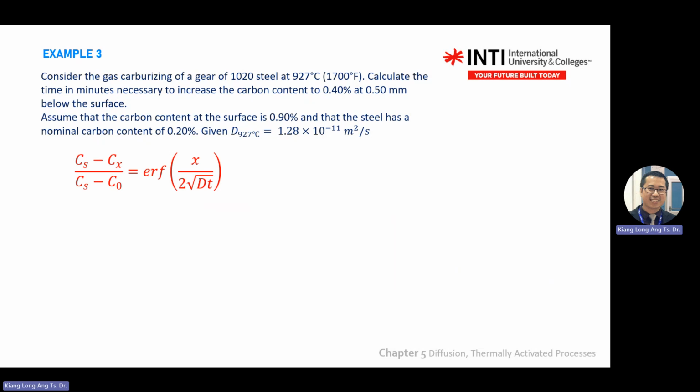He asks you to increase the carbon content to 0.4%. Here Cx is 0.4%, at a certain x, where x is 0.5 mm. Remember, this one is in mm, while your unit here is in meter square. Remember to use the same unit. Okay, so put in all the information there.